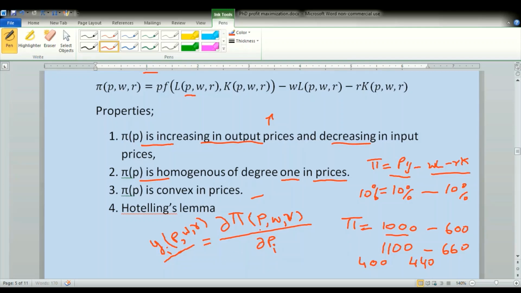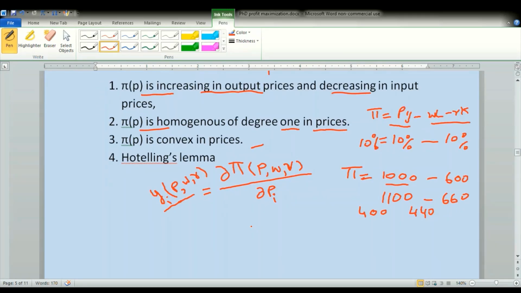This is one part of Hotelling's lemma. Similarly, if you take the derivative of the profit function with respect to any of the input prices, W or R, say W, you will be getting the negative of the factor demand function of which the price has changed.